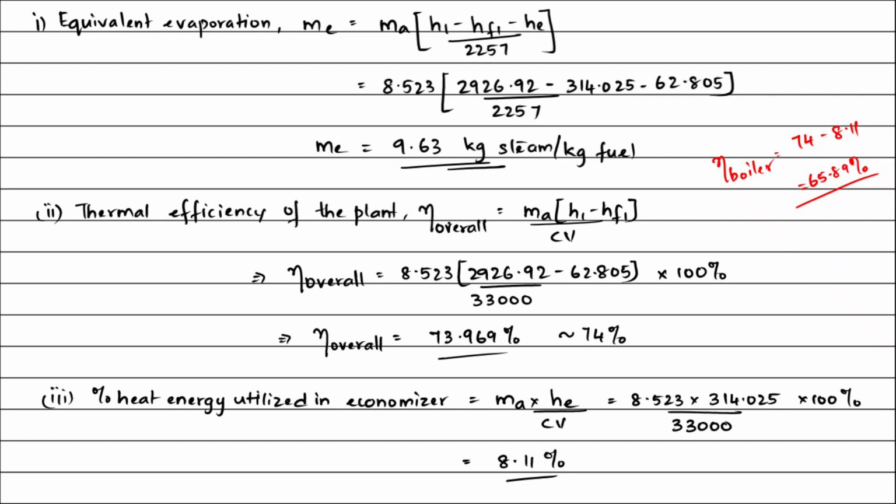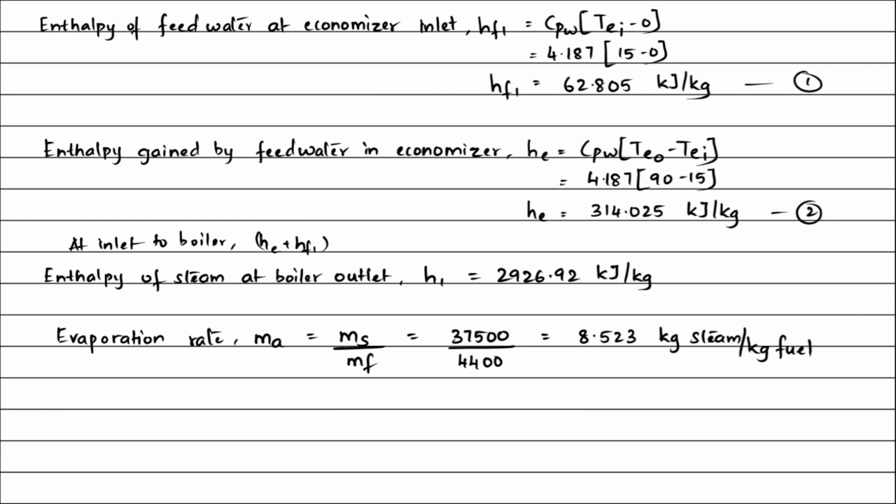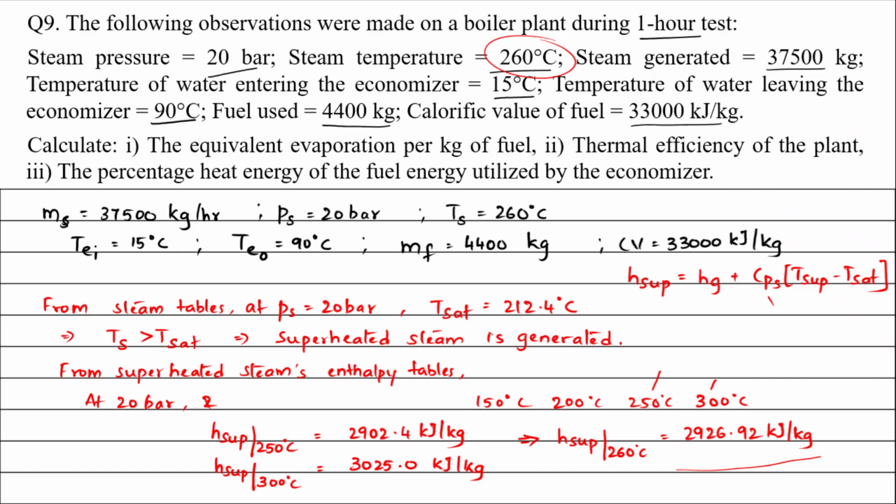Without the economizer, under the assumption that the feed water entering the boiler, instead of being at 90 degrees Celsius, becomes 15 degrees Celsius, more energy will be required to increase the temperature from 15 to 260 degrees compared to 90 to 260 degrees.